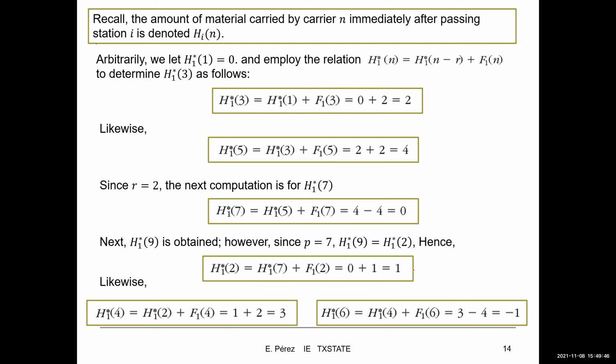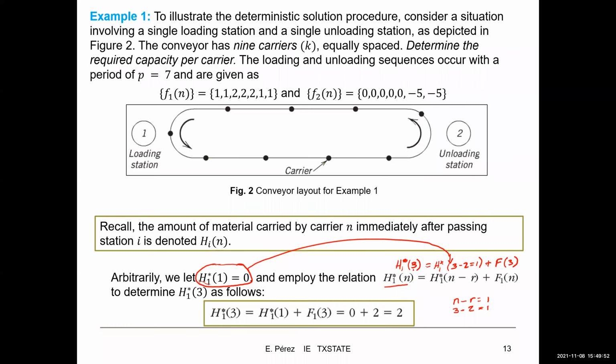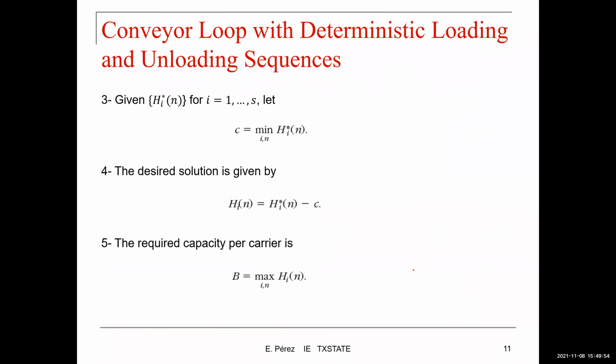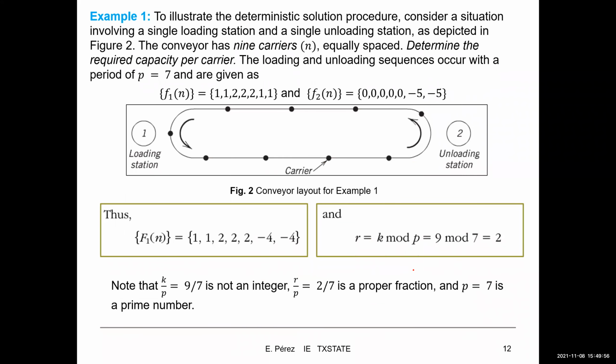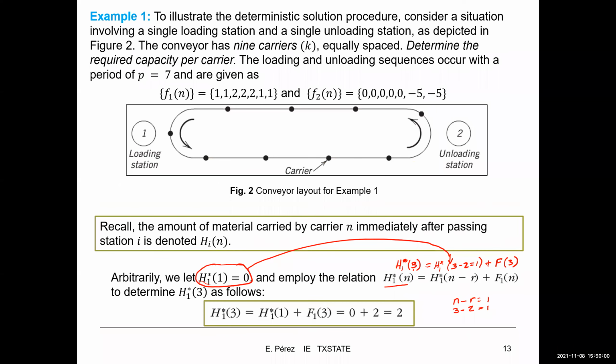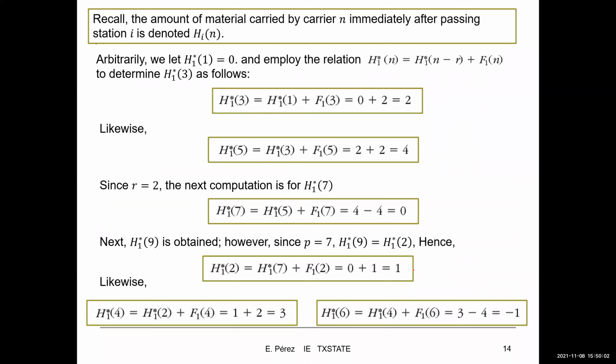I'm plugging in h1 of 3 here using the value for f1 of 5. If I go back here, f1 of 5, 1, 2, 3, 4, 5, is 2. So 2 plus 2 is equal to 4. So I have the value of h1 star of 5. And now I can use that to find h1 star of 7, which is 0.